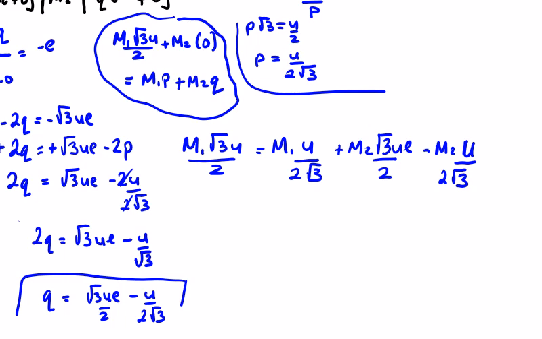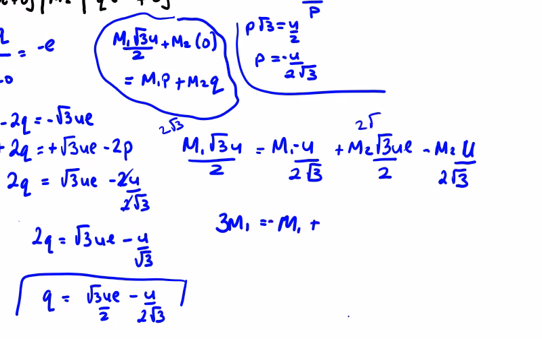We can divide by U and multiply by 2 root 3. So multiplying this by 2 root 3, I'll get rid of the 2 root 3s on the bottom. That's going to give me 2 times 3 on top, so 6m1 over 2, which is 3m1. And this P is a negative, isn't it? I forgot to put the negative in again. So that's equal to m1 minus m1, plus the same again.